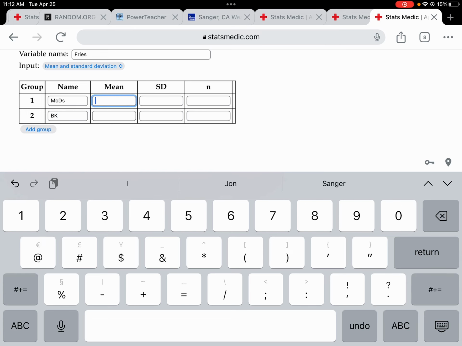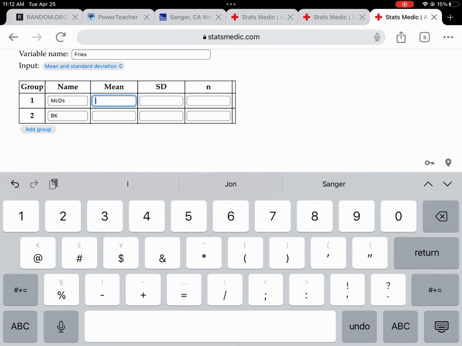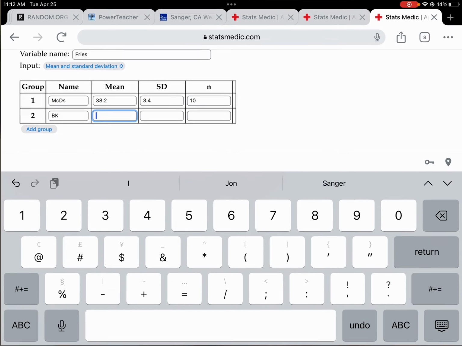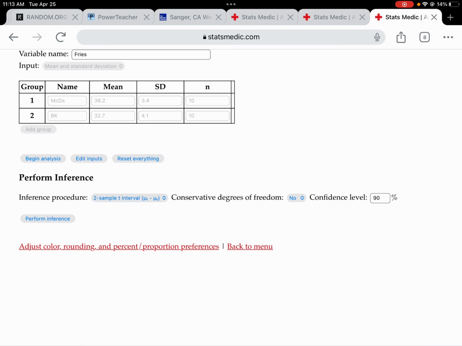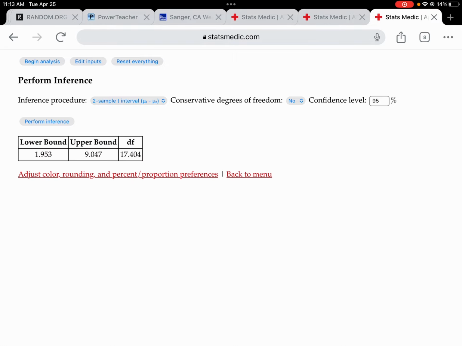Our mean of this one was 38.2 and 3.4, and 10 of those. And then Burger King is 32.7, 4.1. That's 10. Begin our analysis. We want 2 sample. We wanted 95 this time. So we perform that, and we get an upper and lower bound.